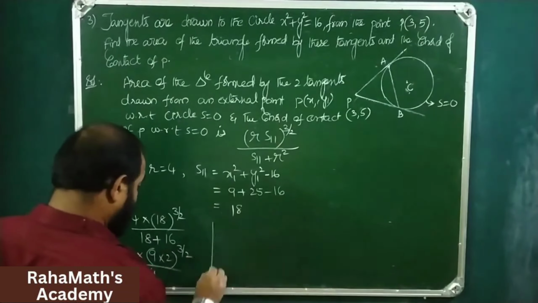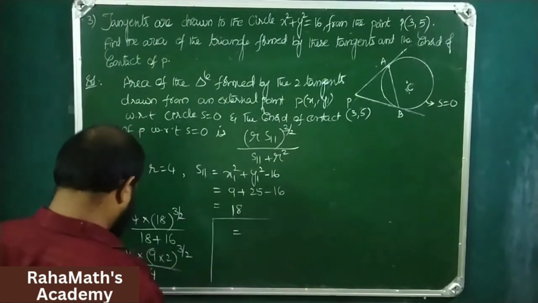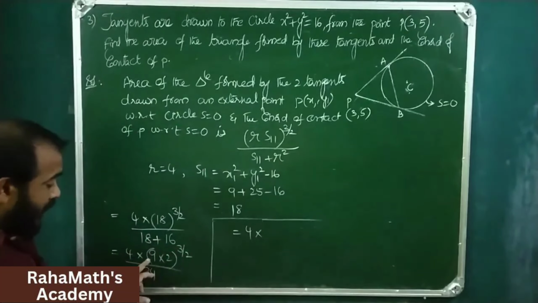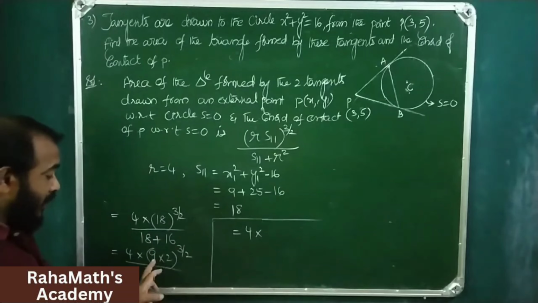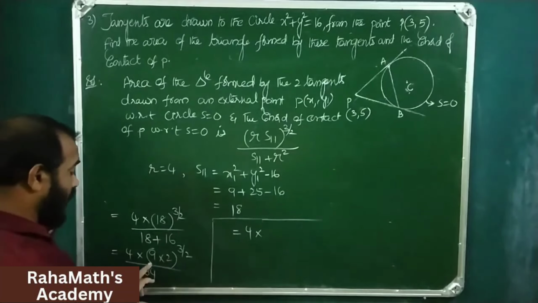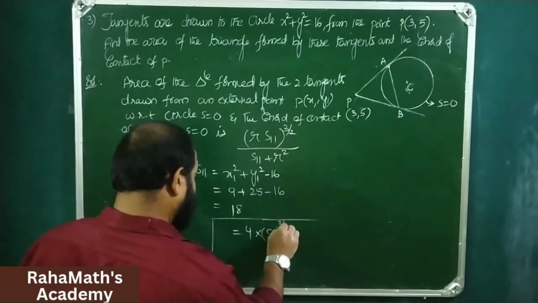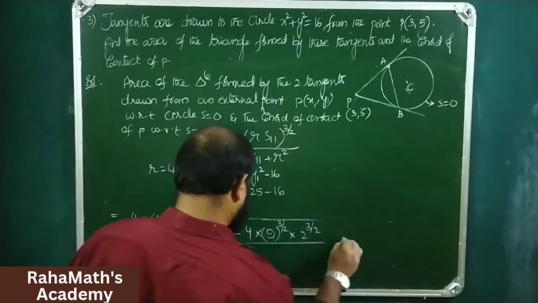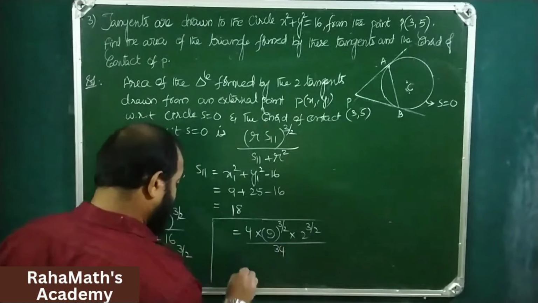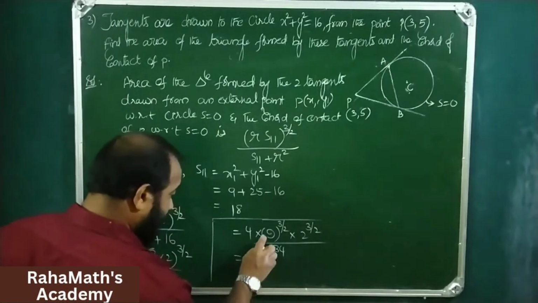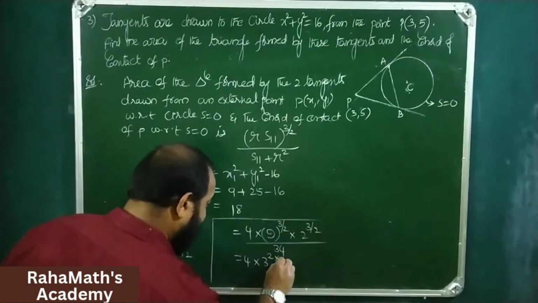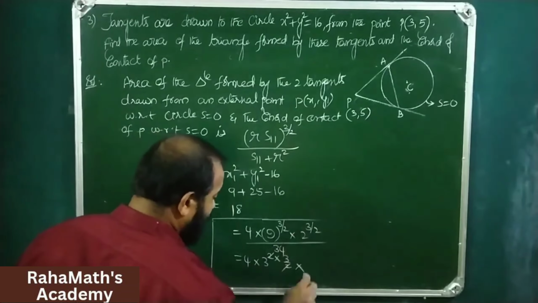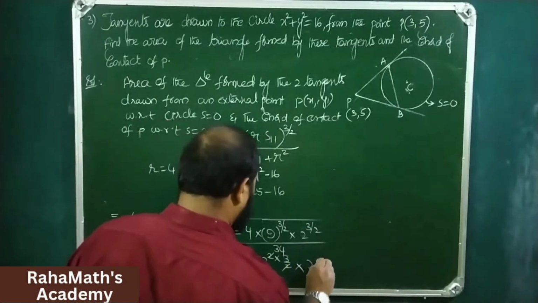That is 4 into 9 whole power 3 by 2 into 2 whole power 3 by 2 by 34, since a b whole power n is a power n into b power n. So 9 is 3 square whole power 3 by 2, that is 3 cube, 27, and 2 power 3 by 2 is 2 root 2.